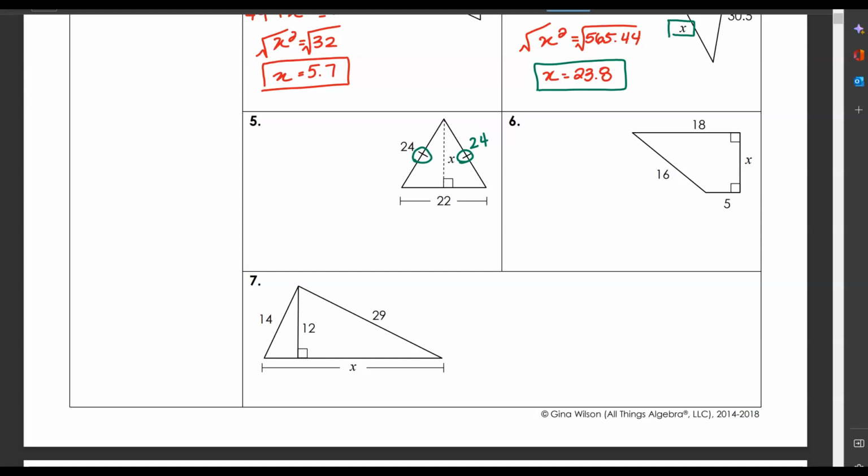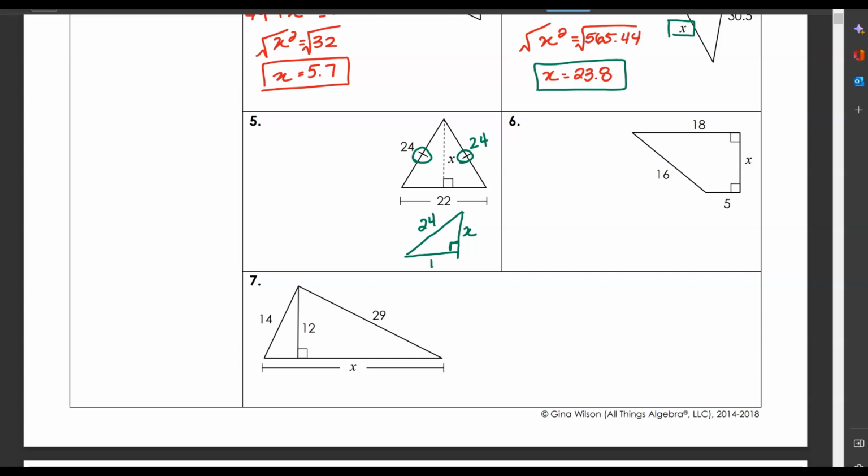Now I'm trying to find the size of the height for this triangle, so I can see that I can break this up into a right triangle, because I'm given that it's a right angle here in the middle. Right? And so then I'm going to have 24 here. I'll have x here, and notice because this is split down the middle, this should be a distance of half of this.